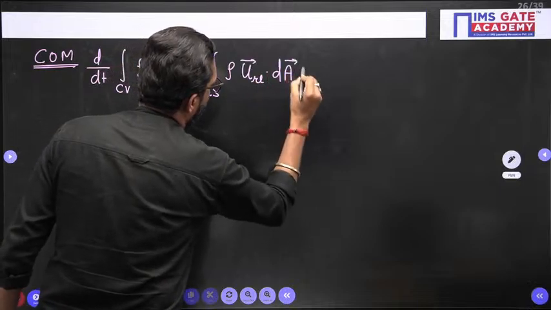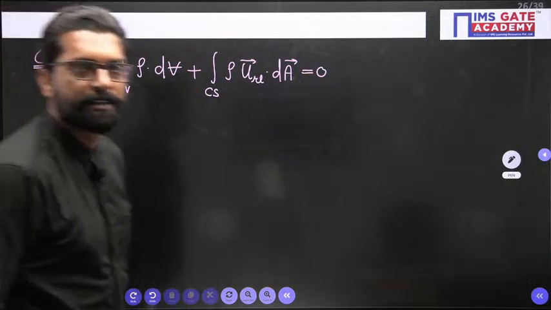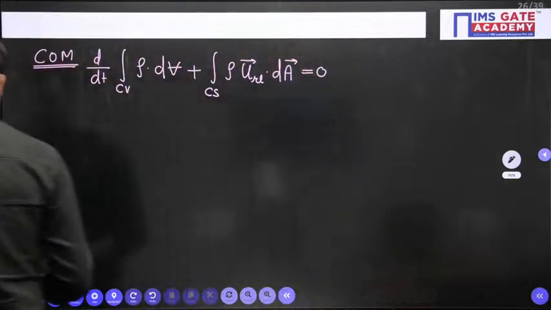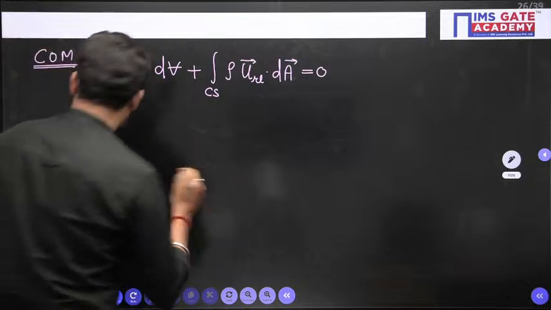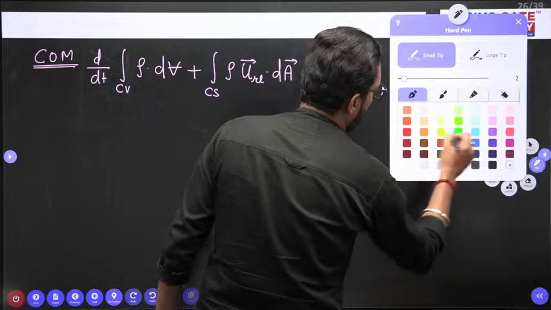Clear? And that is equal to 0, incompressible. Okay, note down. Now the flow is steady. What is the flow, beta? The flow is steady.